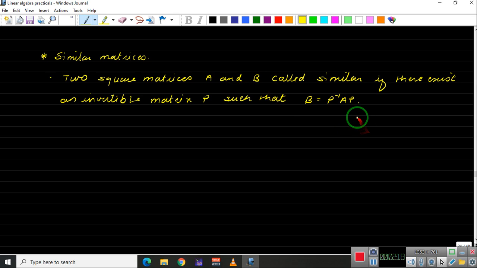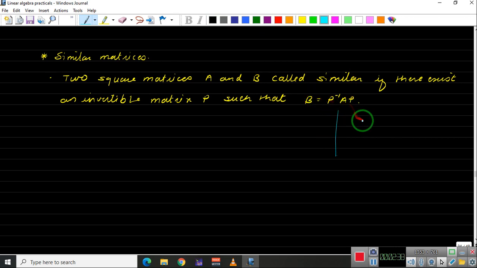You can check whether this is an equivalence relation. That means check whether it is a reflexive, symmetric and transitive relation. Let us do it in rough. Now this is a reflexive relation. For reflexive we need to show that A is similar to itself.